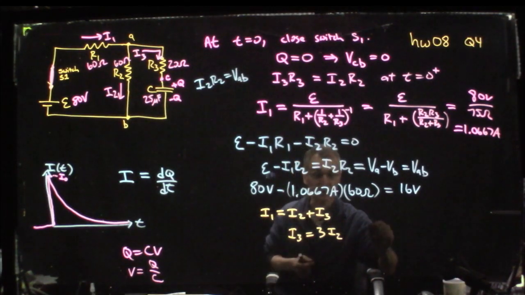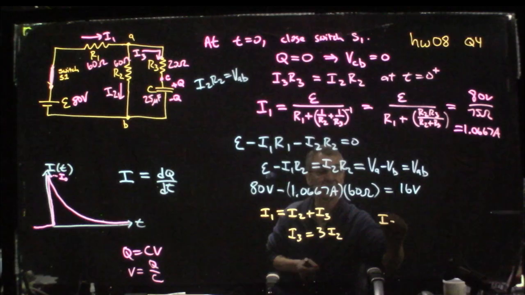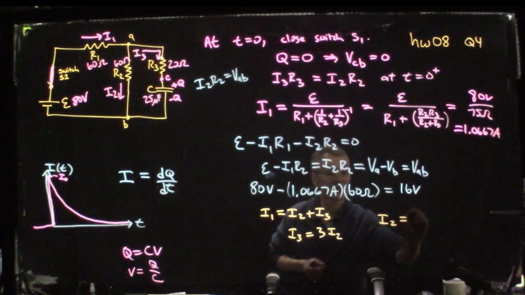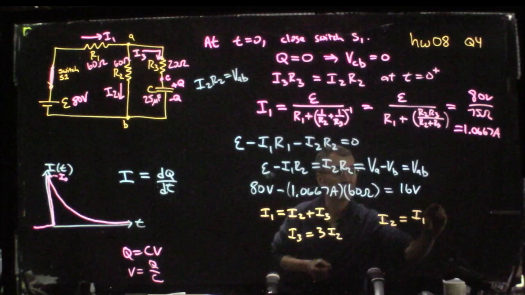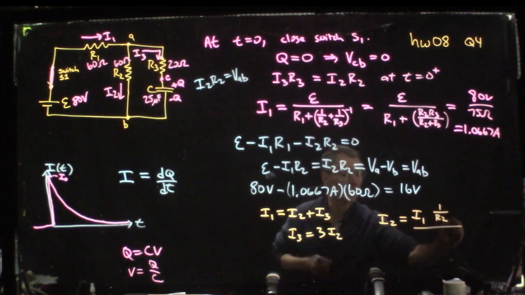You could say that more explicitly by asking, what fraction of I1 is I2? So here's I1 times a fraction with 1 over R2. It's a weighted average, so the two weights are 1 over R2 for path 2 and 1 over R3 for path 3.